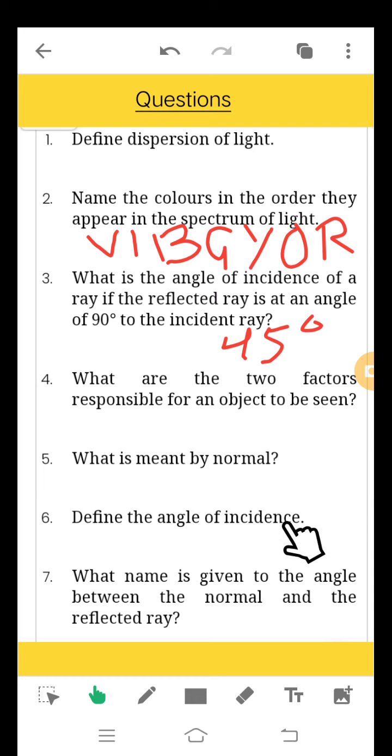Define the angle of incidence. The angle formed by incident ray and normal is called angle of incidence. Question 7. What name is given to the angle between normal and the reflected ray? What is it called, children? Yes, it is called angle of reflection.